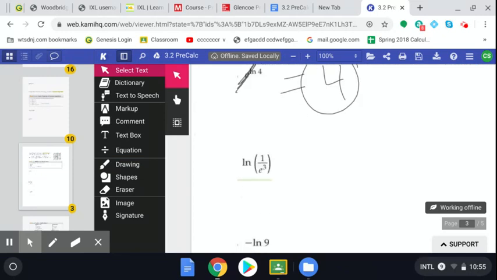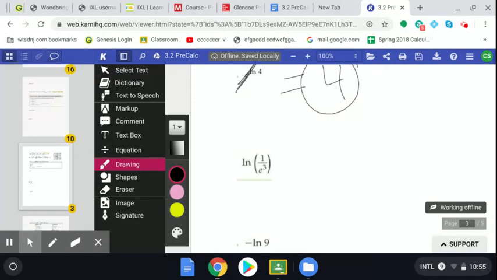For the next example that I gave you, if you have natural log of 1 over e to the third, this could be rewritten as natural log of e to the negative 3.